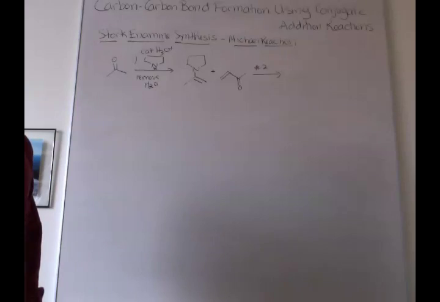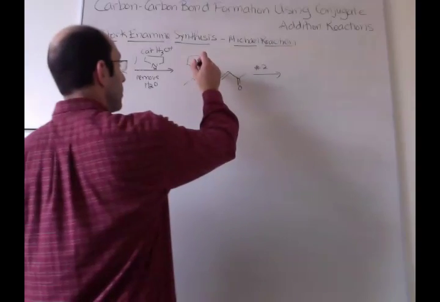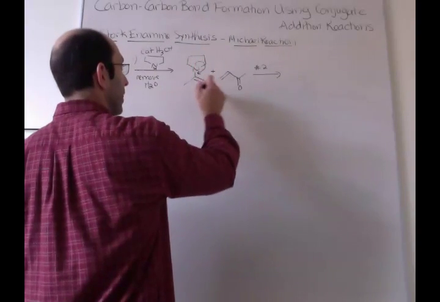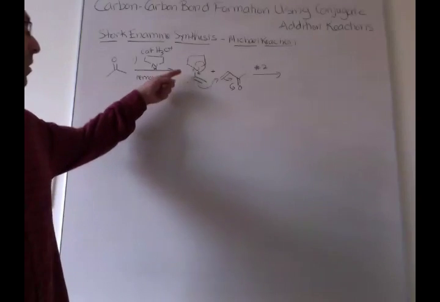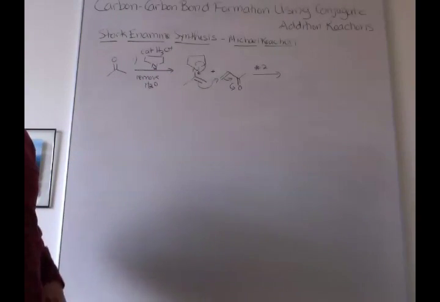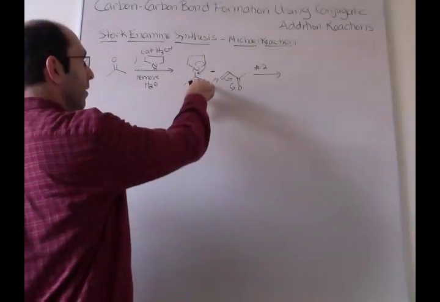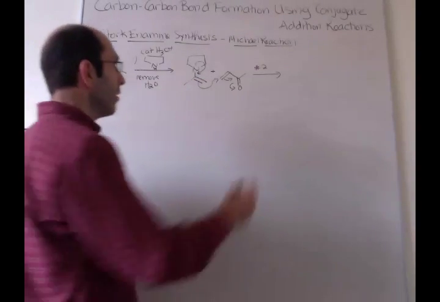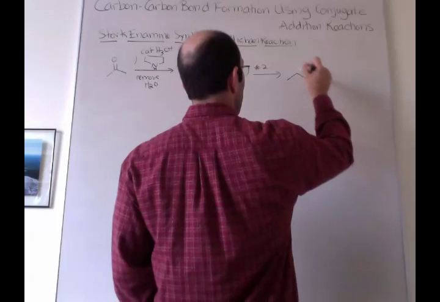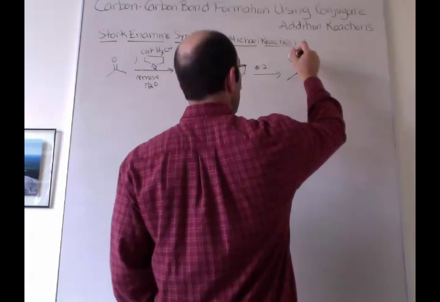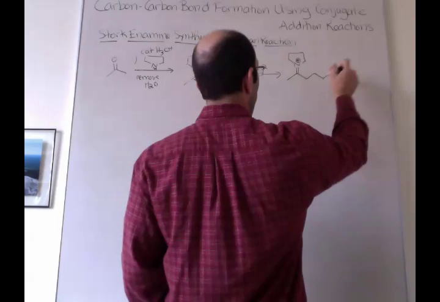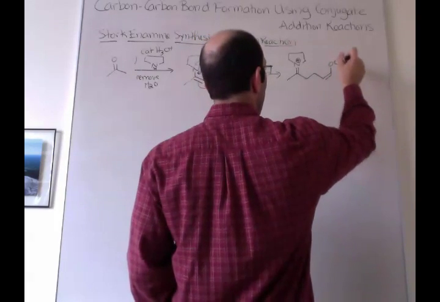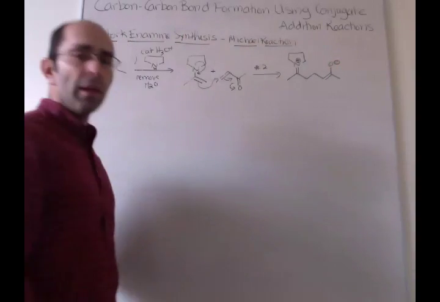Enamines are great nucleophiles, so that's going to react just like our enolate, in terms of the nitrogen pushing electrons into that pi bond, making that carbon a good nucleophile. So that we end up with a conjugate addition reaction. That gives us an iminium ion and an enolate.